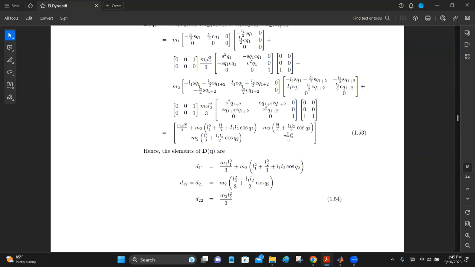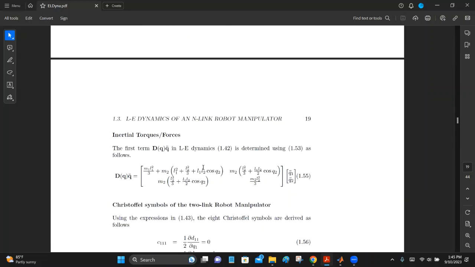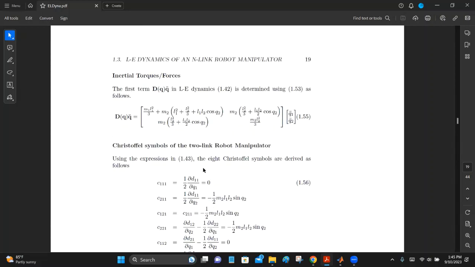This is a 2x2 case because it's a two-link, two-joint manipulator example, so you have four D elements. This is the first term in the Lagrange-Euler dynamic equation, equation 1.51.